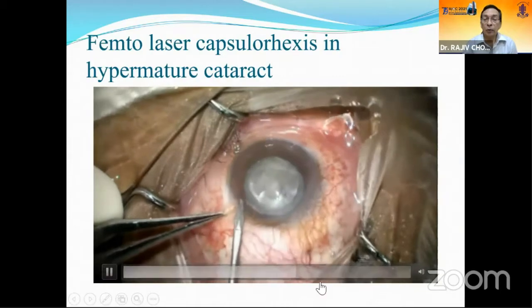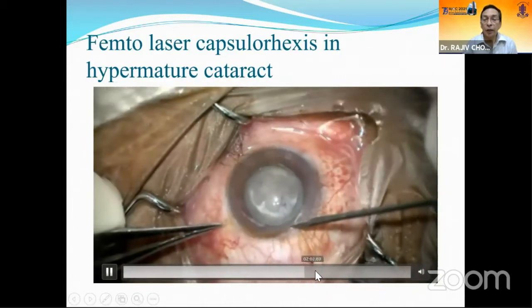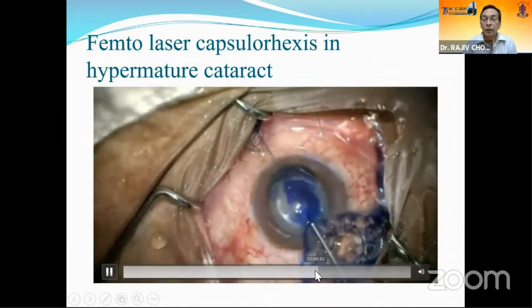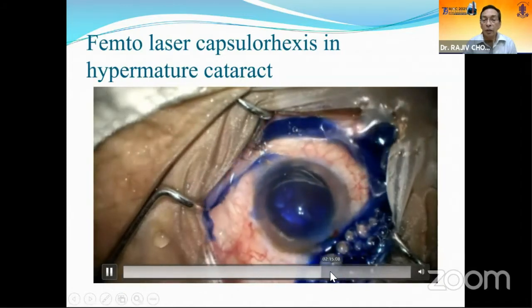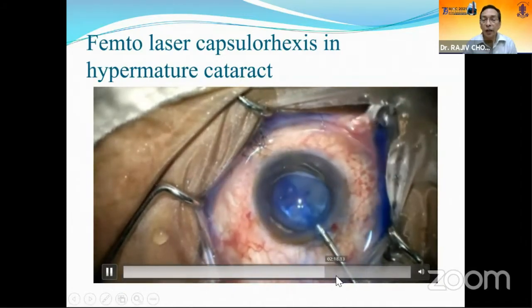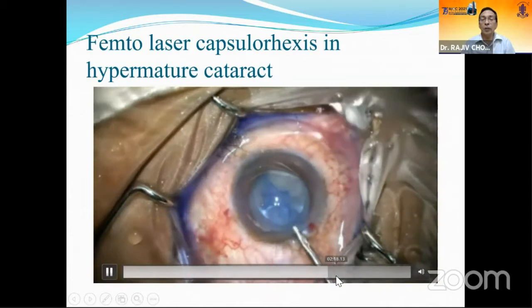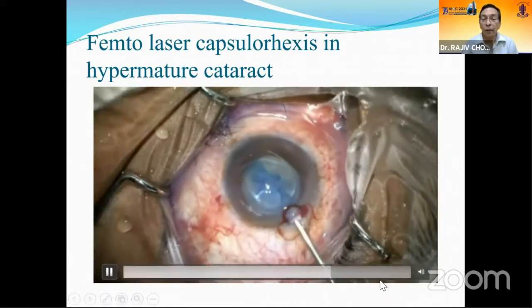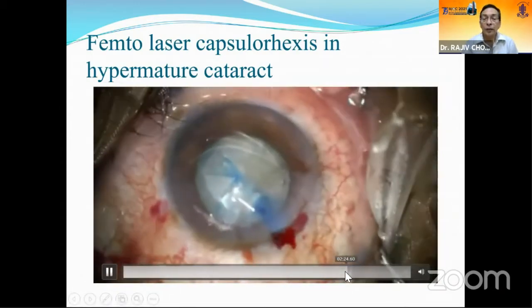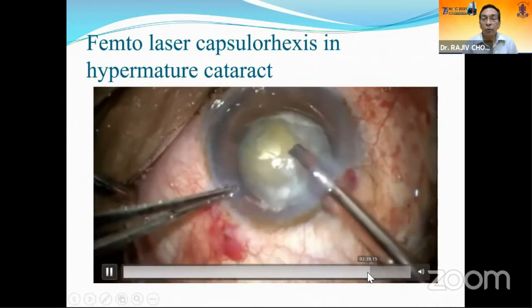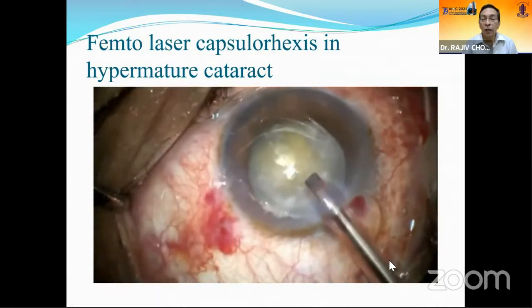This is the round cut. You may stand and see initially so you can identify the tags. Many times, 80 to 90% of the time, it is a free floating capsulotomy. It just comes out and you can perform your phaco perfectly well.